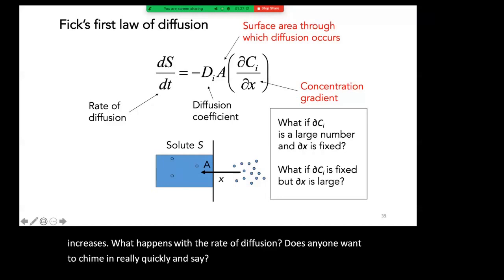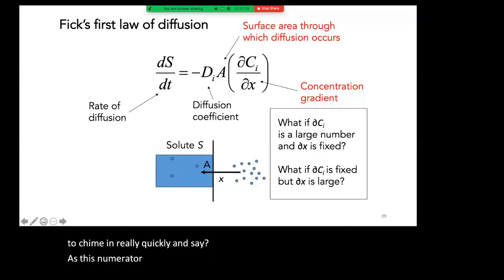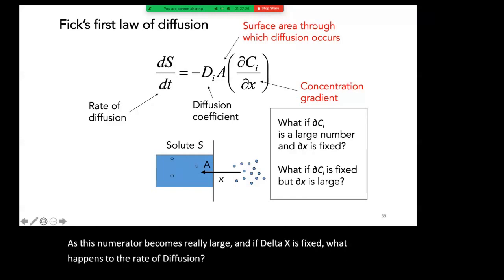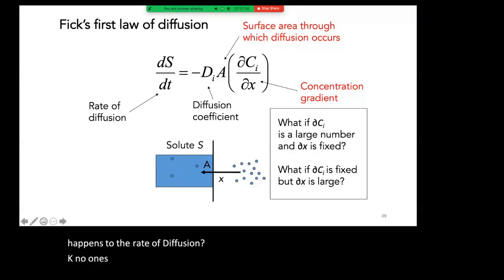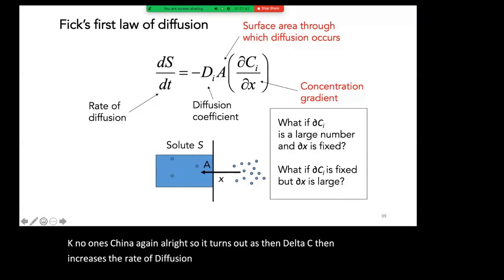As this numerator becomes really large, and if delta x is fixed, what happens to the rate of diffusion? Okay, no one's chiming in. All right, it turns out, as delta C increases, the rate of diffusion increases as well.